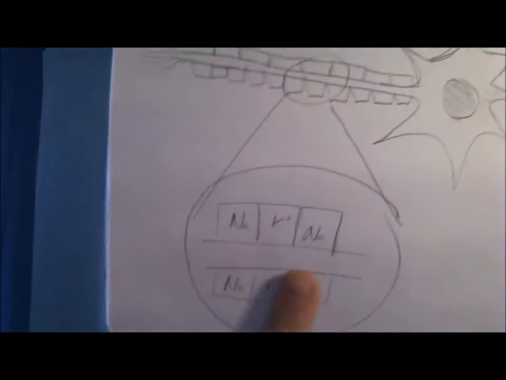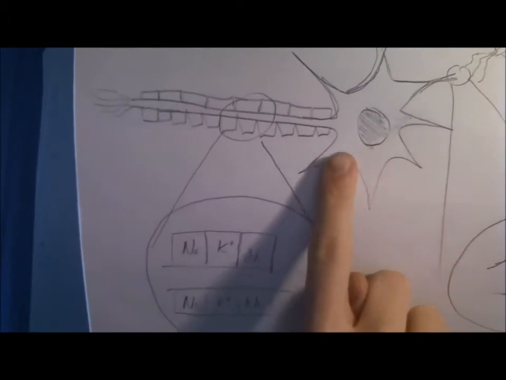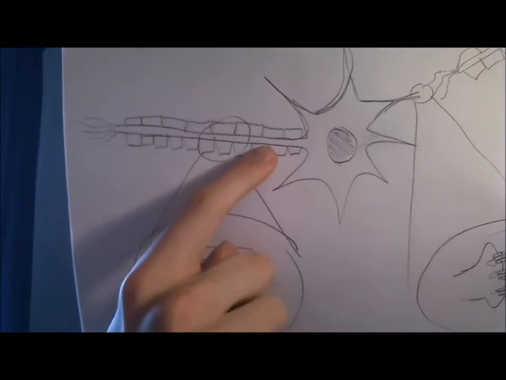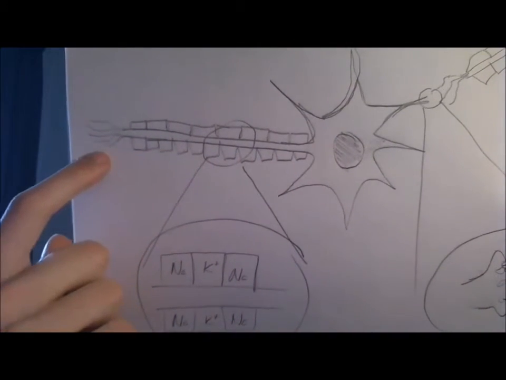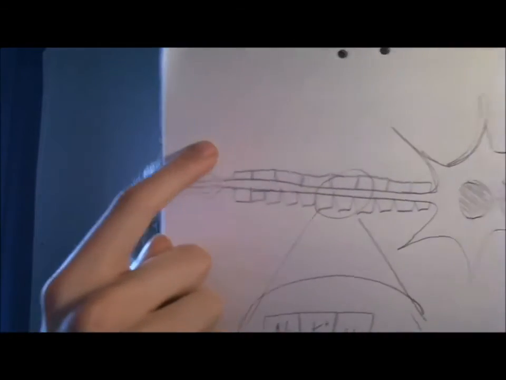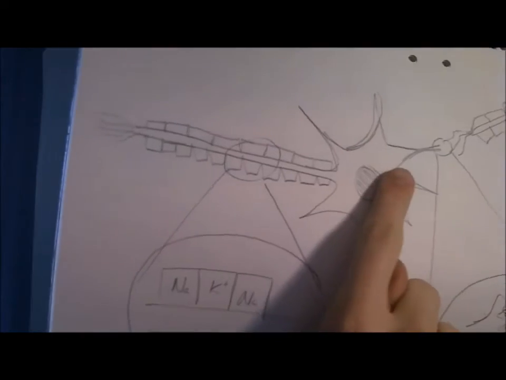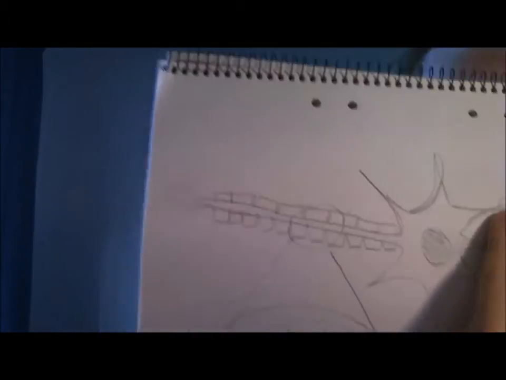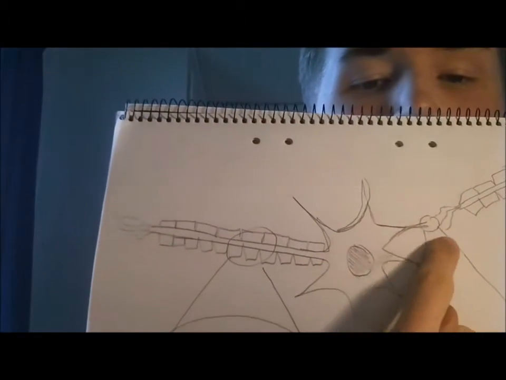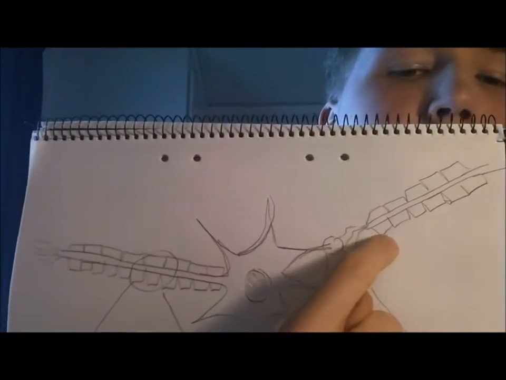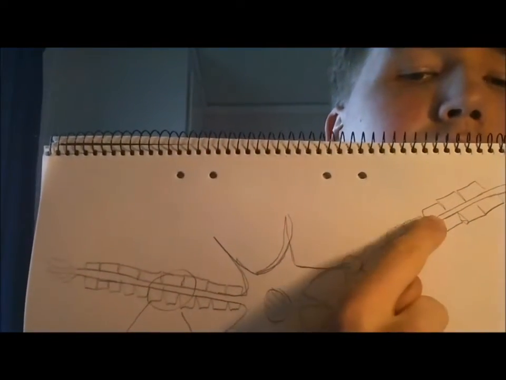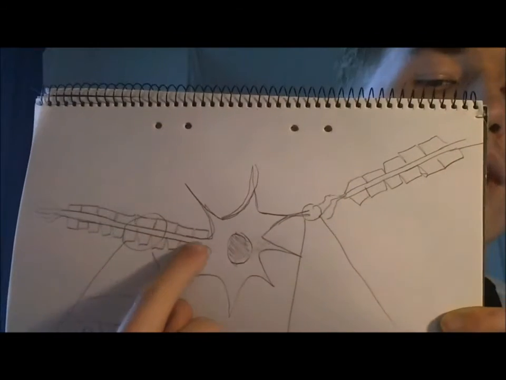So it goes from here, and then it ends up here, which is basically just the end of a synapse, because this is an axon and this is also an axon.